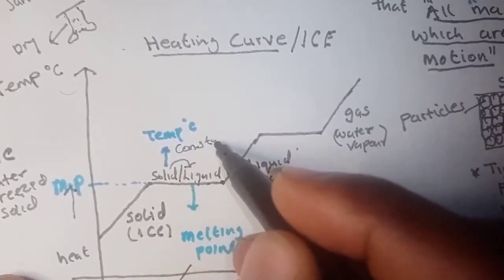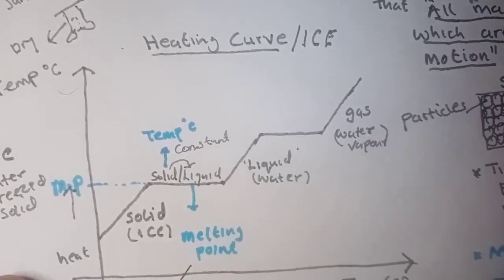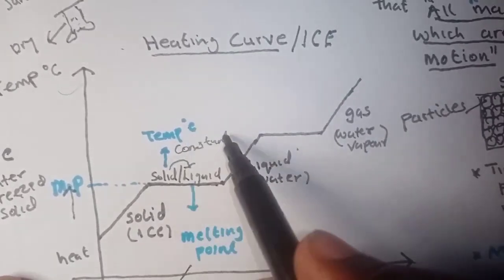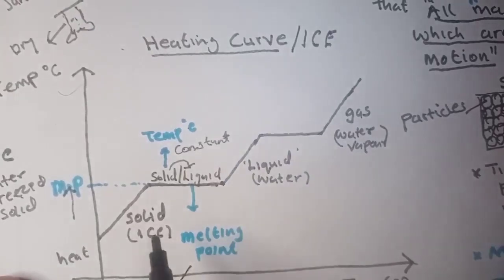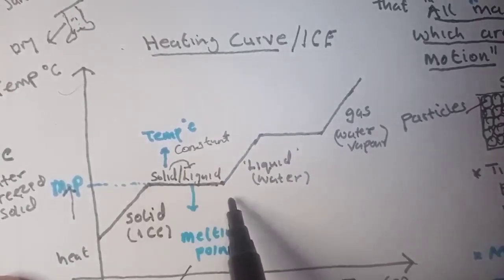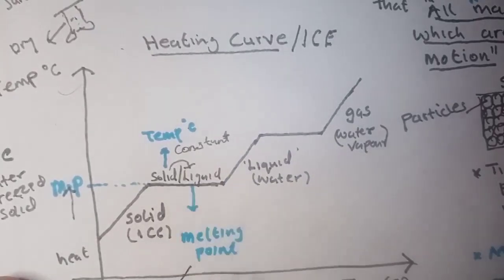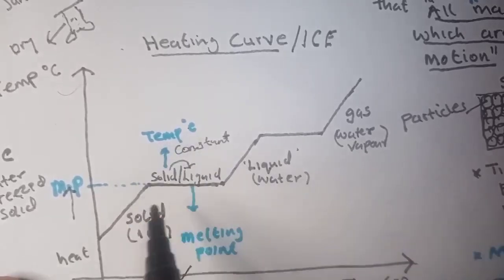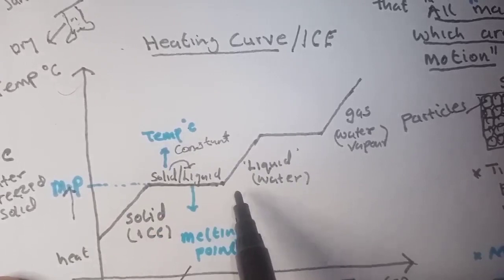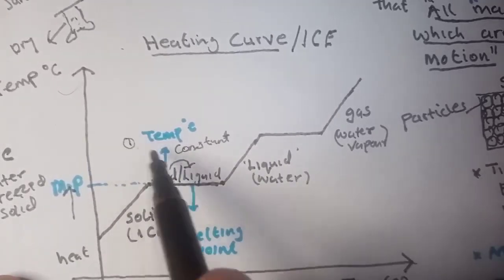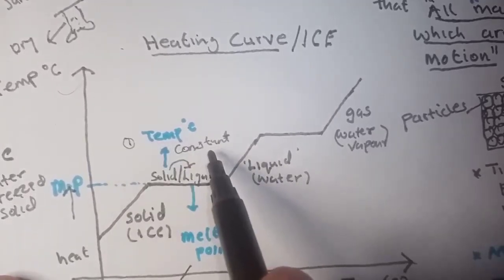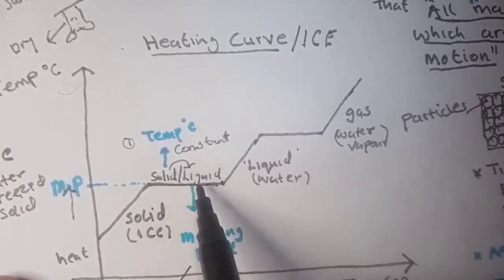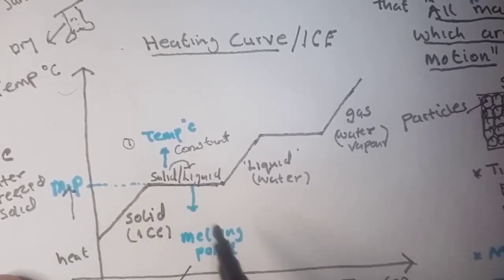So two things to know, please don't forget this. When it's flat, the temperature is constant. It's the melting point, and there is solid and liquid. Wherever you have a flat line, the number one thing to know is that the temperature remains constant. Why is the temperature constant? Because it's now changing from solid to liquid.